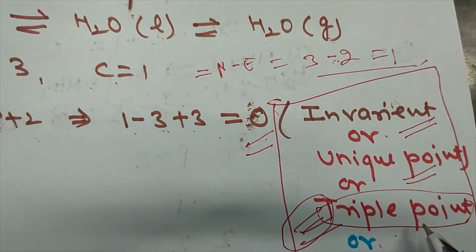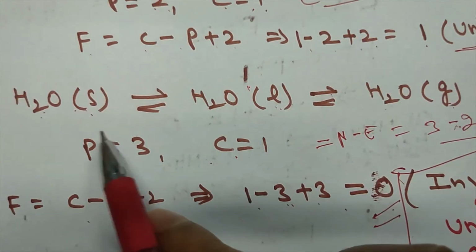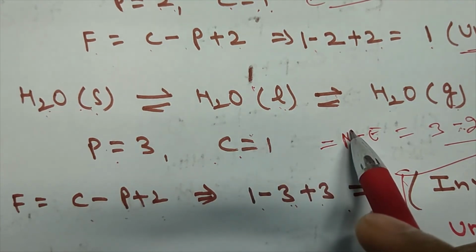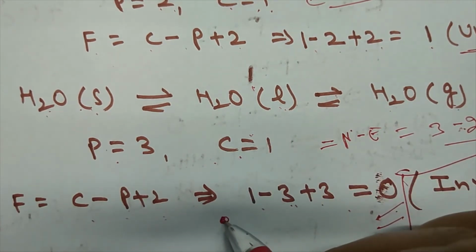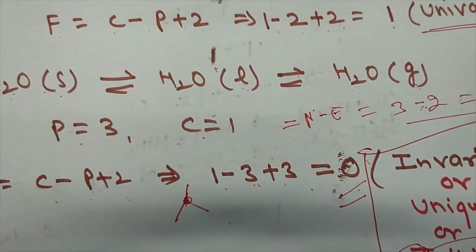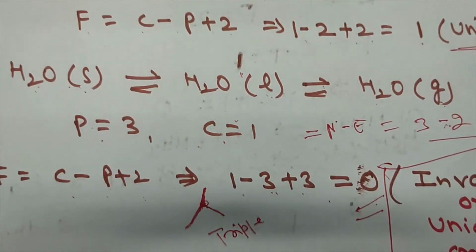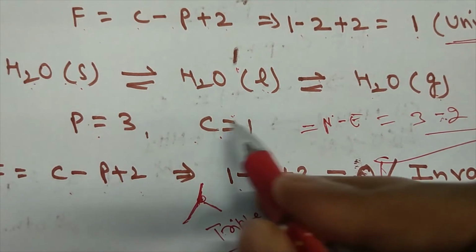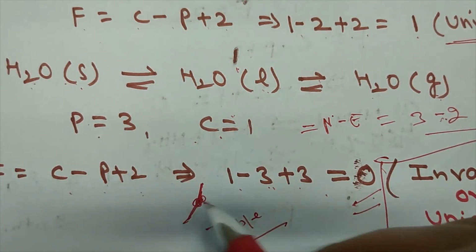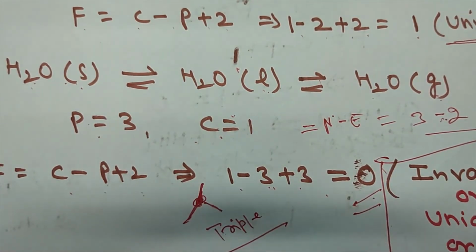Triple point means these 3 phases, solid, liquid and gas, can coexist together at a given point. That's why it is known as the triple point. But when they coexist together, it is very important that there is a specific temperature and a specific pressure.